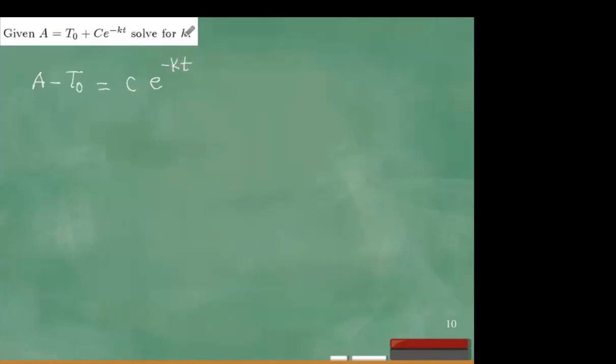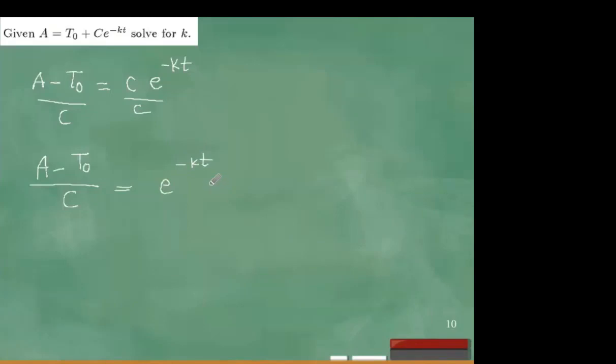We're going to solve for k here. I can go ahead and divide both sides by c. So I get a minus capital T0 over c is equal to e to the power of minus kt.